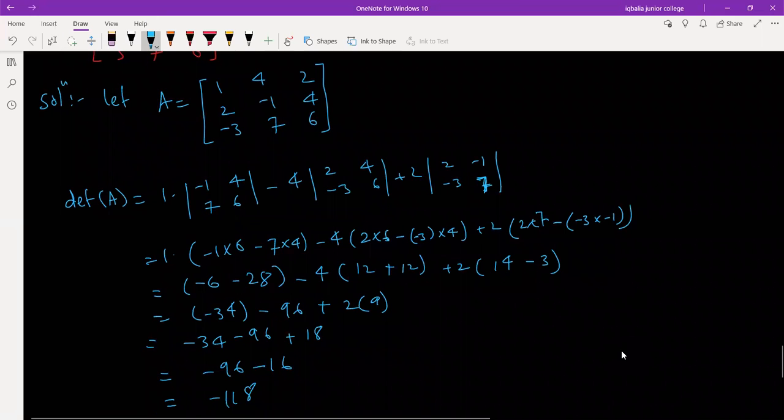Then this will be 11, and this will be 20, 22. Now reduce. So if I reduce minus 96, then minus 1, 2, so this will be minus 108. So this is the answer as far as I know.